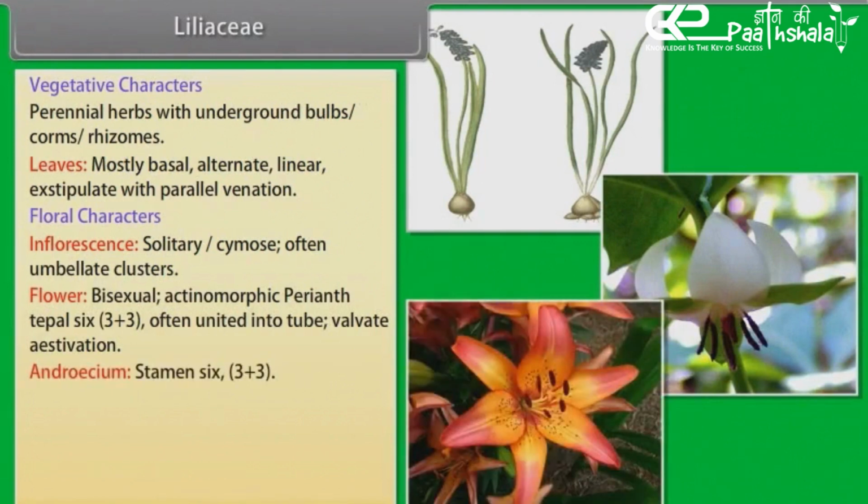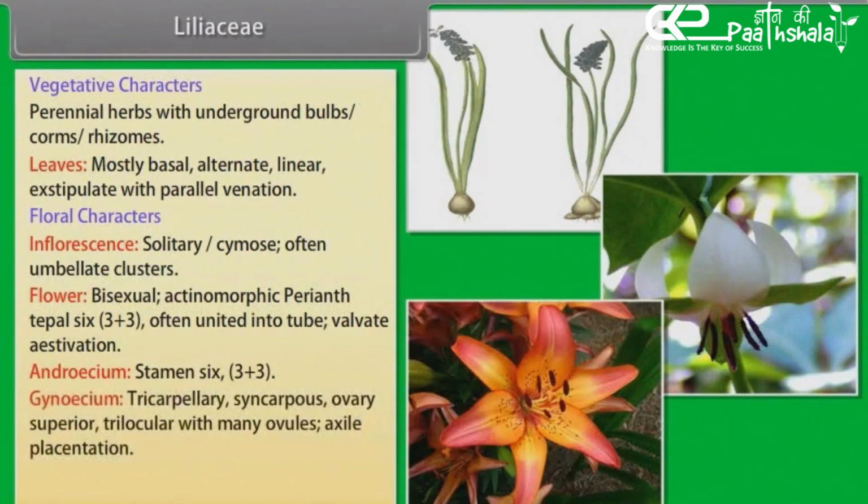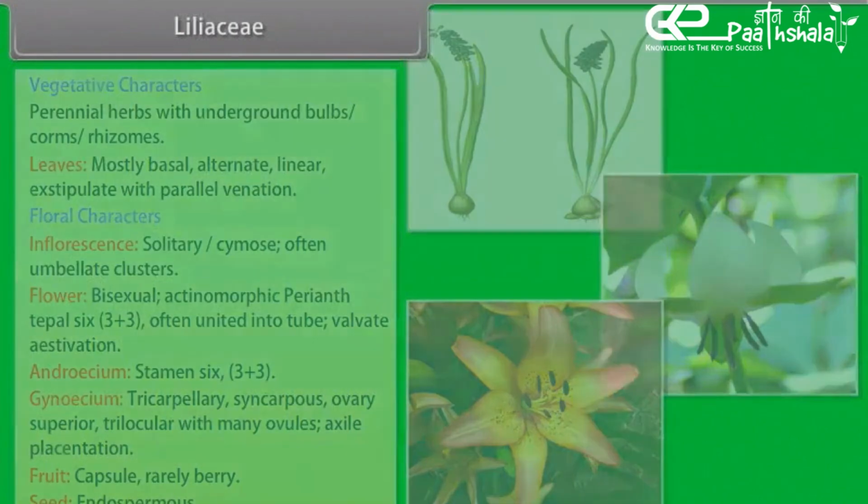Flower bisexual, actinomorphic. Perianth, tepals 6, 3+3, often united into a tube, valvate aestivation. Androecium, stamens 6, 3+3. Gynoecium, tricarpellary, syncarpous, ovary superior, trilocular with many ovules, axile placentation. Fruit, capsule, rarely berry. Seeds, endospermous.